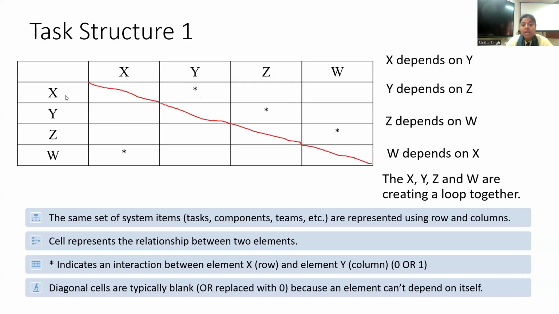The order is saying that X is to be processed first. After that, Y, Z and W should be processed. But if you look a little closely, X is dependent on Y. So without receiving the information from Y, if you process X, what will happen? What problems may you face?